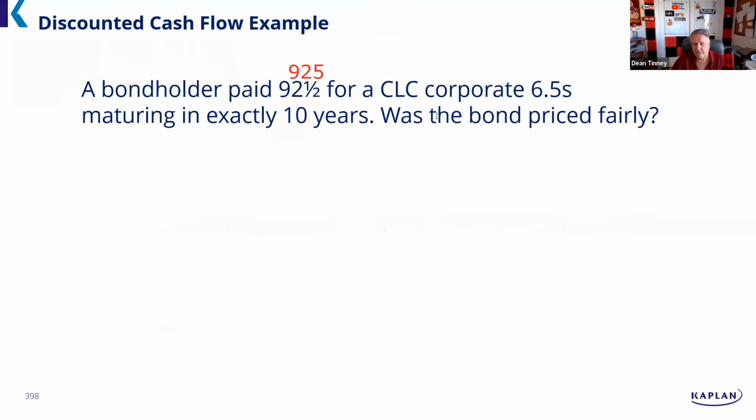And we're getting 6.5%, so that's going to be $65, but that's going to be paid semi-annually, right? So I'm going to get 20 payments of $32.50.